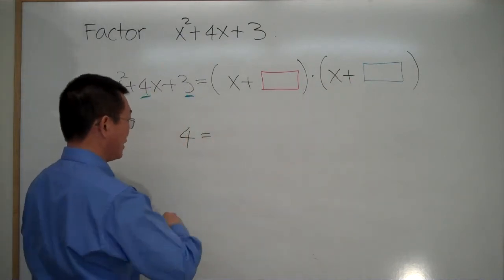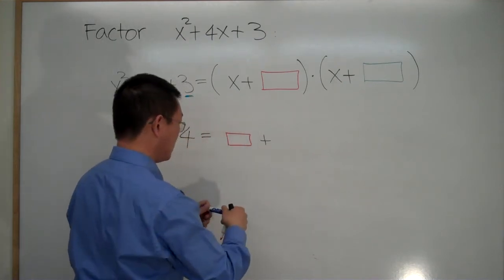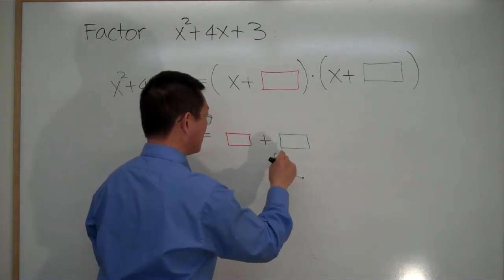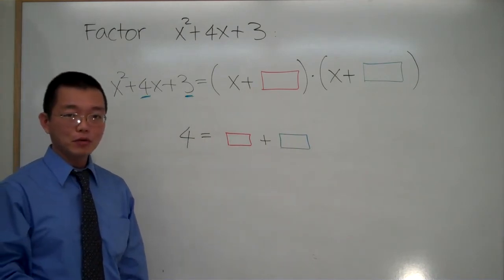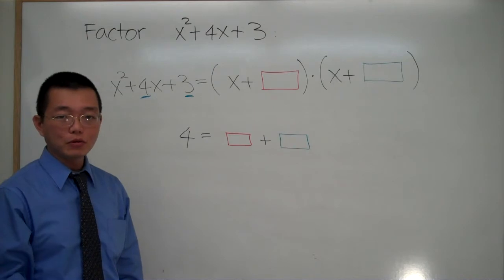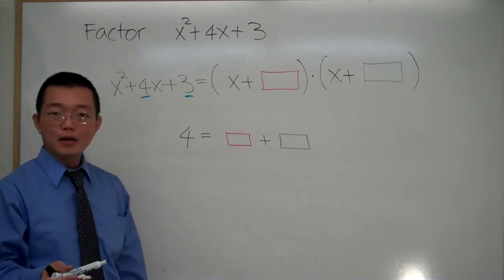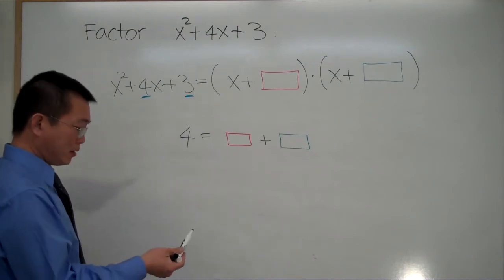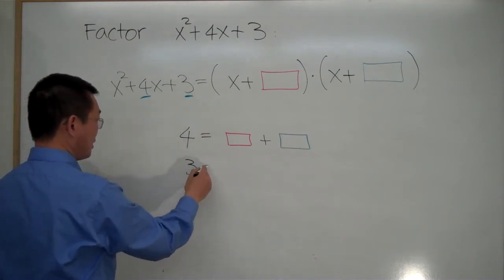So I'm going to put that down: the red box plus the blue box, the total should be 4. That is something we agreed upon before, and we also observed it in our previous problem. Now similarly, you probably already anticipated that 3 did not come from nowhere.